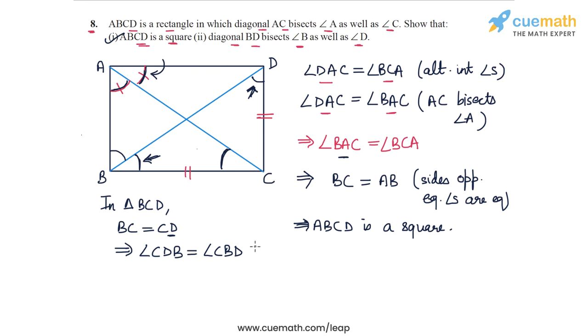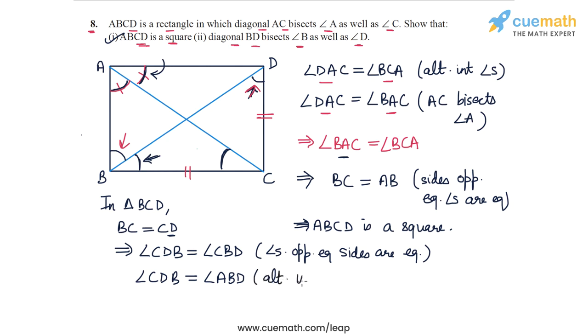So these two angles are equal, and the reason is angles opposite equal sides are equal. Alright, so this is what we have, but we can also say that the angle CDB is equal to angle ABD because these two are alternate interior angles. So let's write this. Angle CDB is also equal to angle ABD, as these two angles are alternate interior angles on the parallels AB and CD.